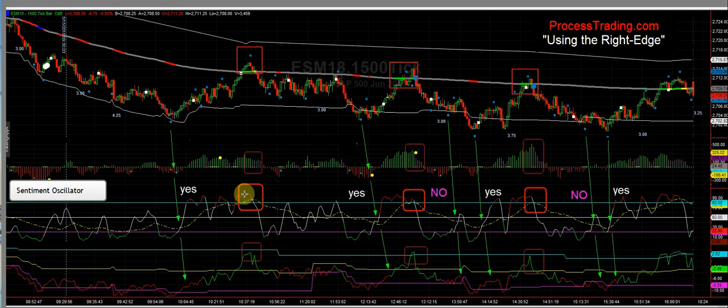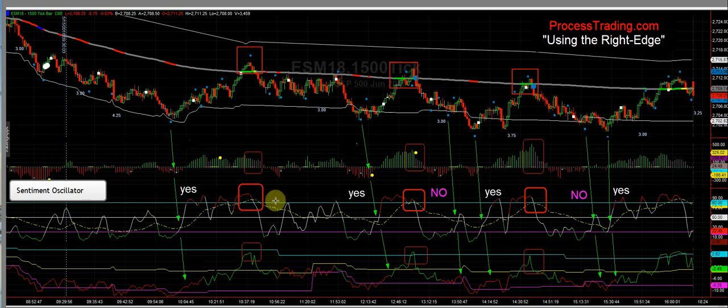So you want to see the momentum cutting through the sentiment line, and you can see that it cuts through the downside here. That's what helps us confirm and validate that this is a good and will be a good short trade. And you see that occurs in every downtrend trade that was identified.